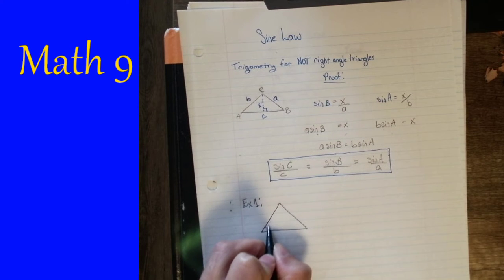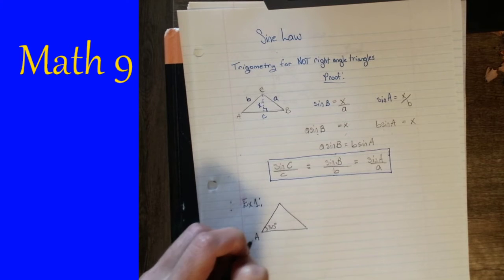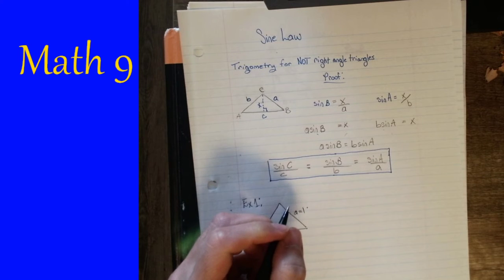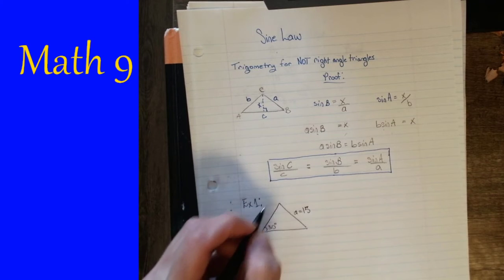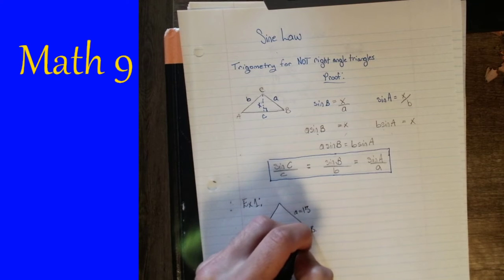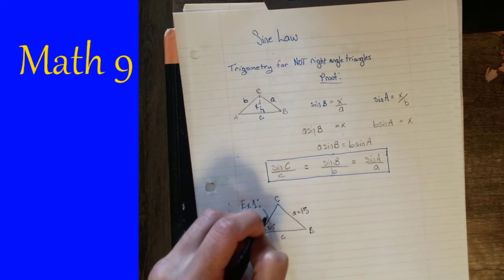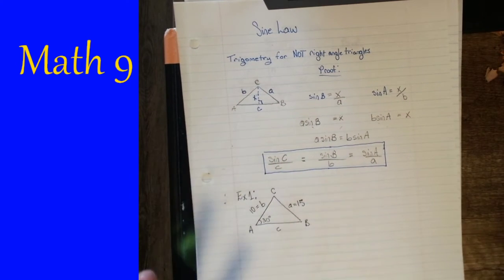We have that this angle is 30 degrees, and we'll call that angle A. Side length A is equal to 15. Sorry, and this will be angle B, C, and side length B will be equal to 10. So you have to have a little bit of information given to you in order to use the sine law.